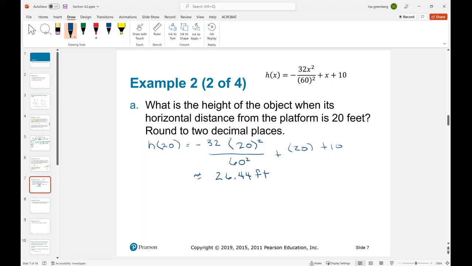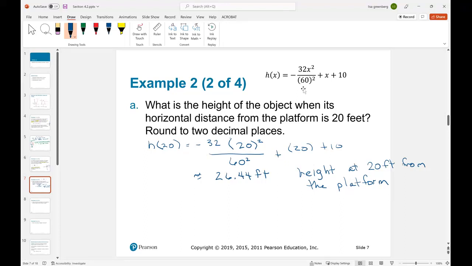So what is the height? This is the height at 20 feet from the platform. Okay, so hopefully that makes sense.